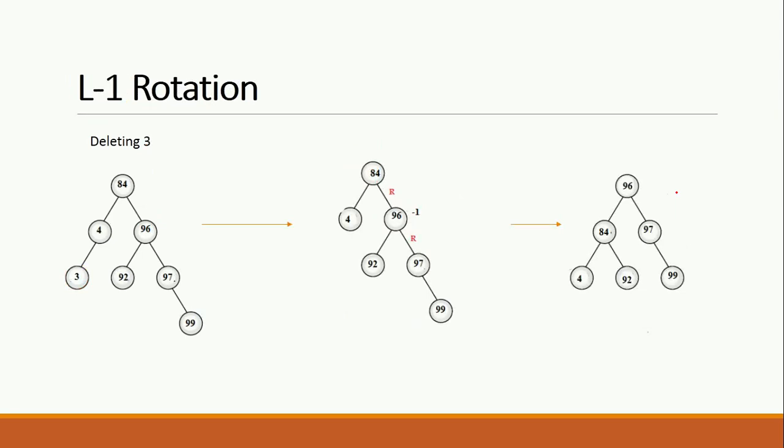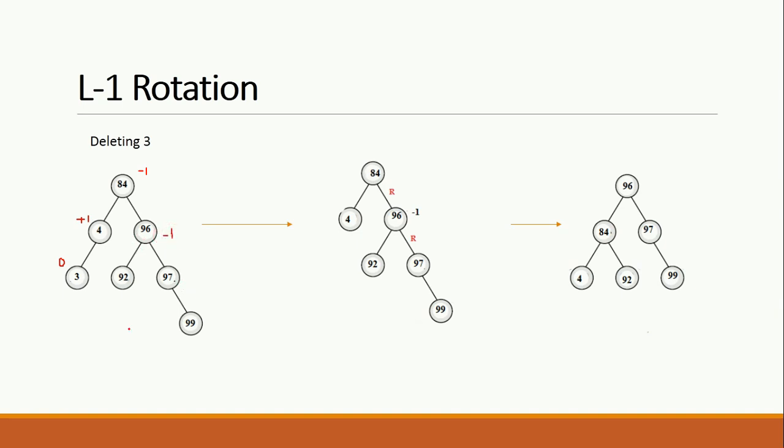Now suppose, let me do the L minus 1. See here, what is the balance factor? Let me figure out. It is 0, it is plus 1, it is 2, it is 3, minus 1. It is 0, it is plus 1, it is minus 1, and 1 and 2 is also minus 1.